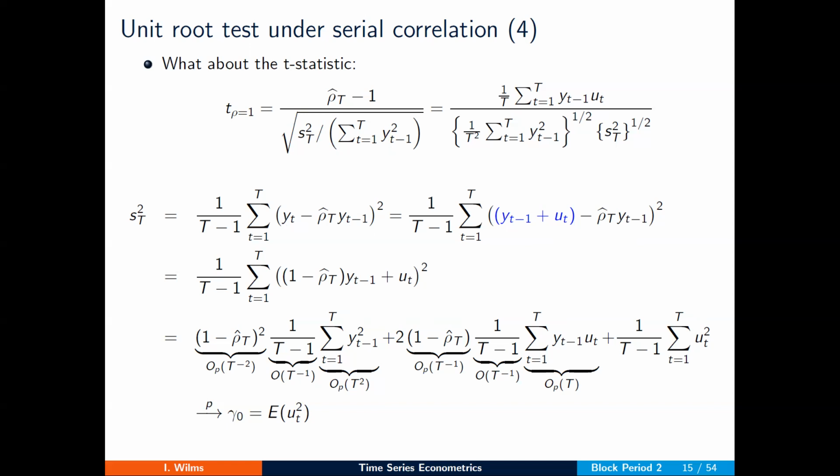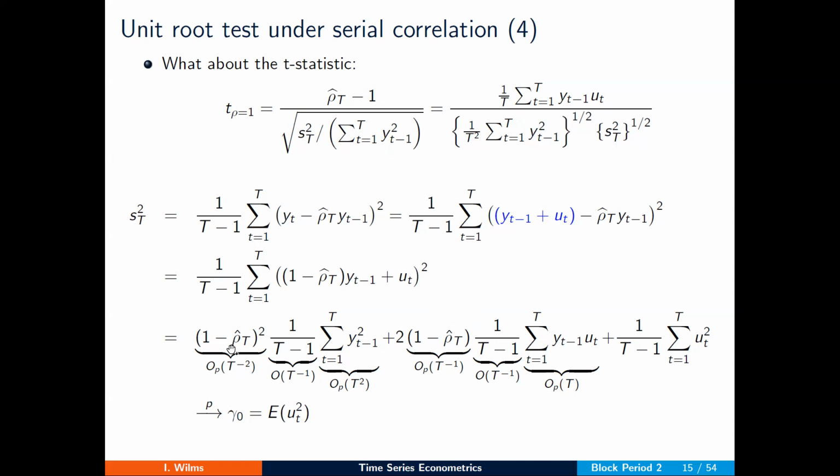Just like I did in week 3, I can then write down the stochastic orders of the terms below. I know that if I blow up this term over here by T, it converges in distribution, because I looked at its limiting distribution in the previous video. So this term is of order O_P(T^-1).